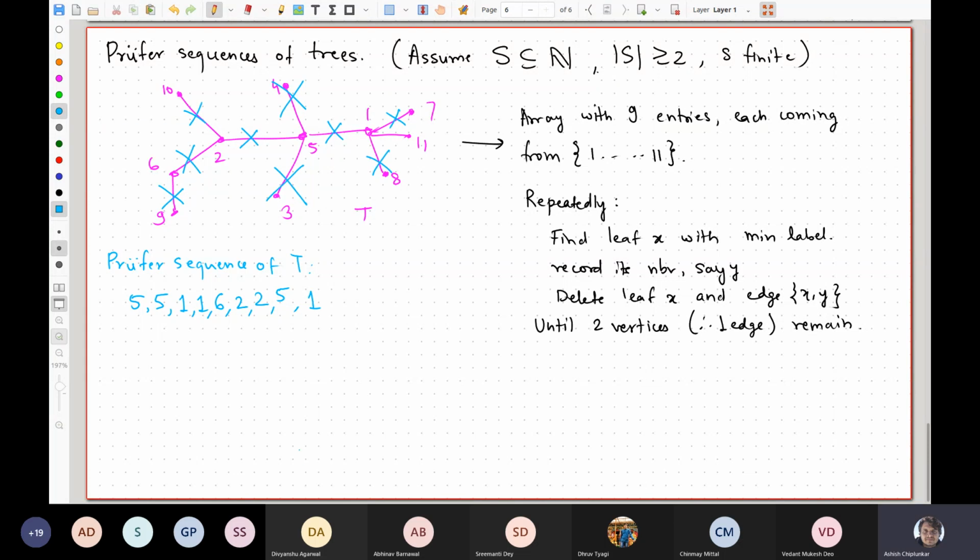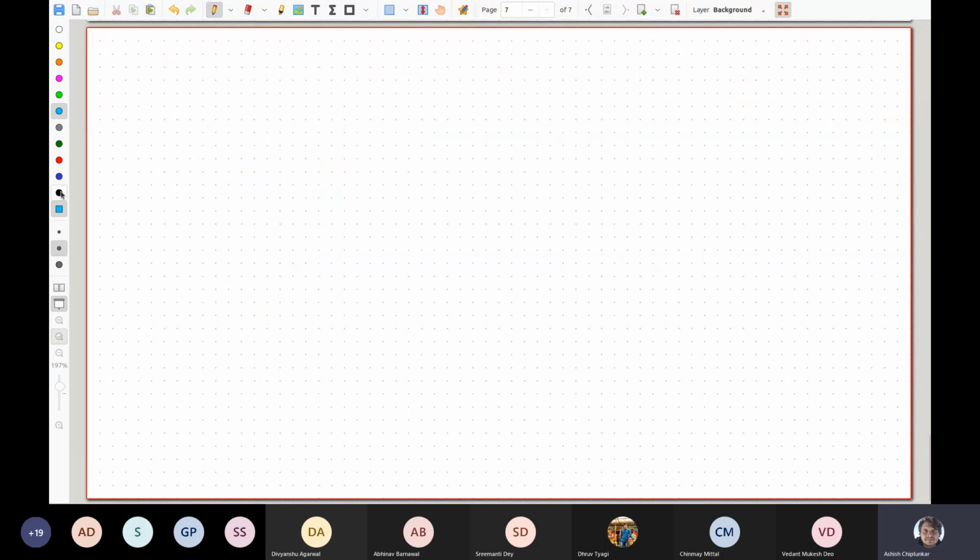That we'll do in the next class, but let's try the reverse process. Suppose I give you S and a Prüfer sequence of some tree. Can you actually construct a tree? Let's say my S is the set 0 to 9, and let's say my sequence is 1 5 9 7 9 1.